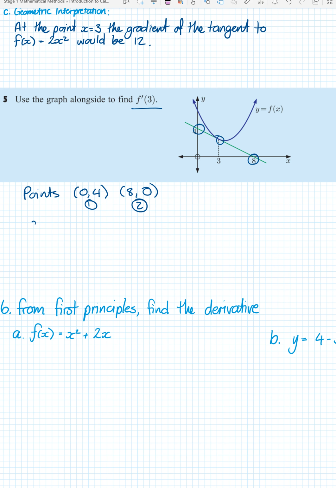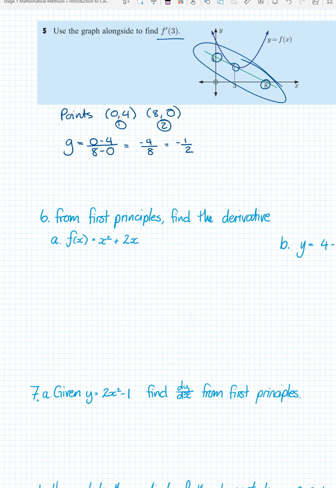So the gradient of that line is 0 minus 4 divided by 8 minus 0, which gives us minus 4 over 8, or negative a half. And we can see that that's sloping downwards, so we expected it to be a negative gradient.